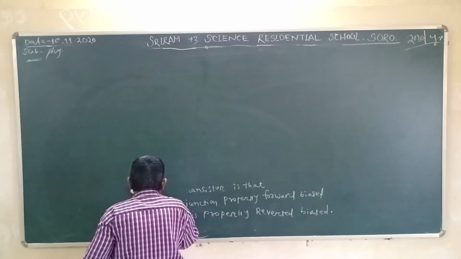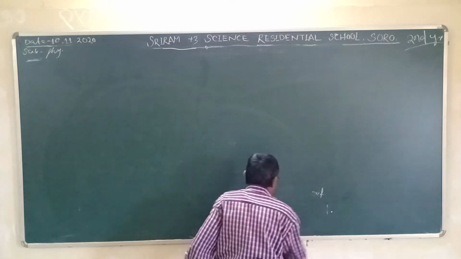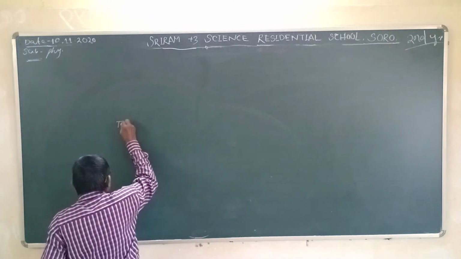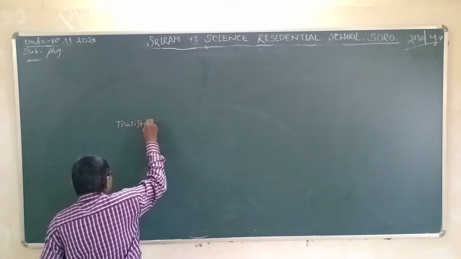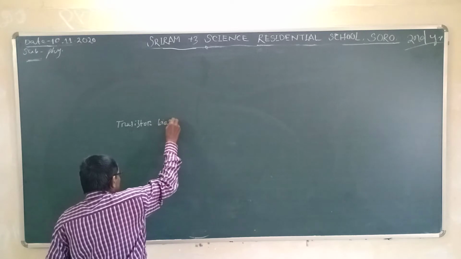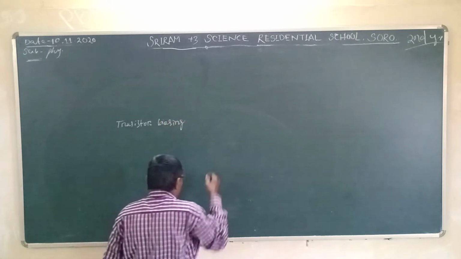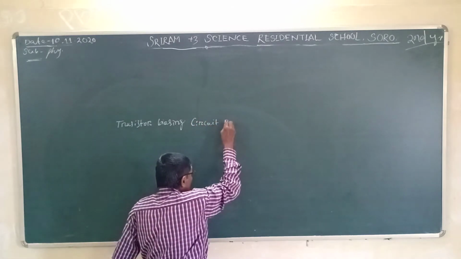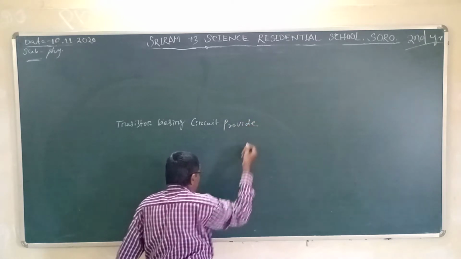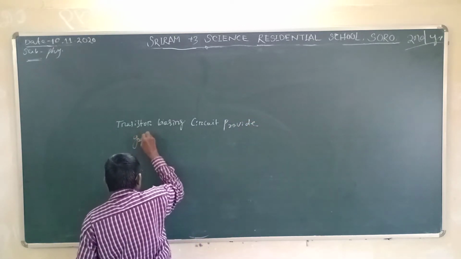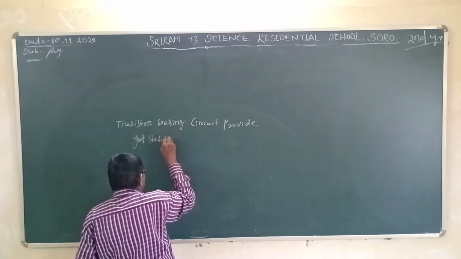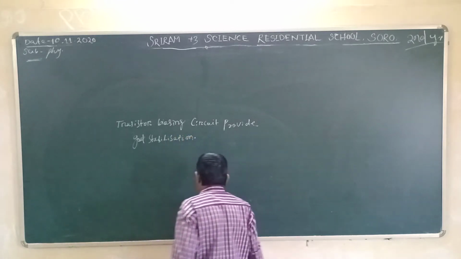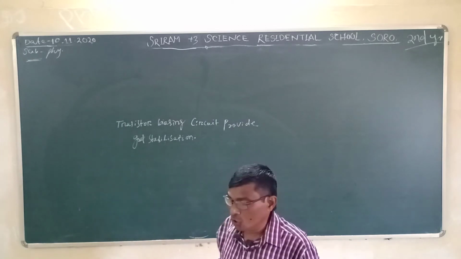Now we say that the transistor biasing circuit provides good stabilization. So this circuit provides good stabilization.